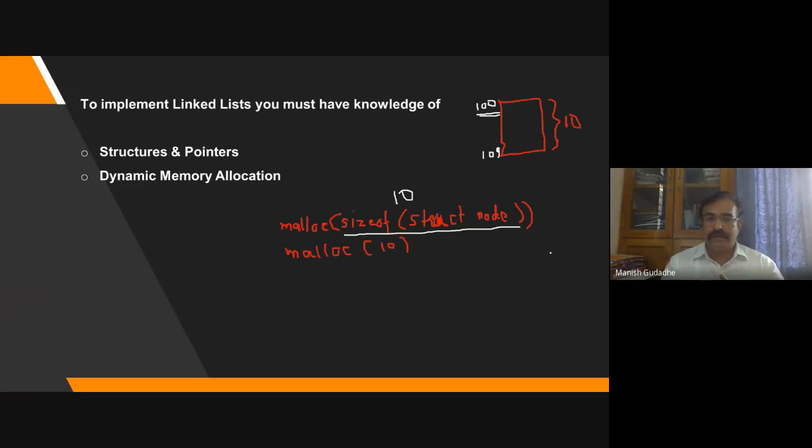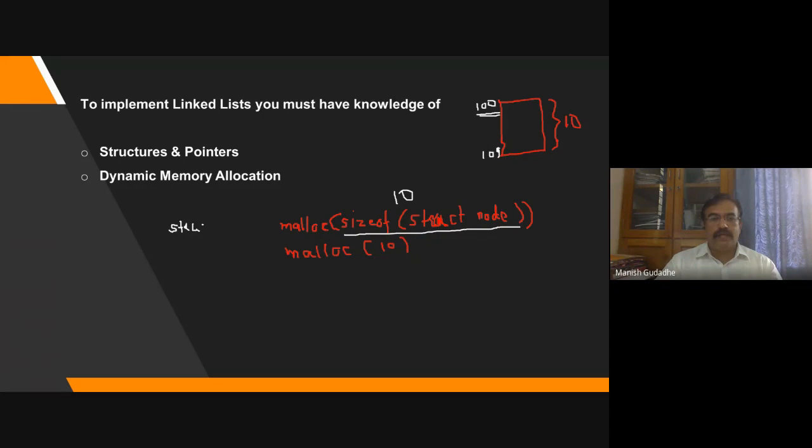So 100 will be returned. 100 is a pointer, the address of a memory location, the base address of the block which is reserved. It is a void pointer. I need to typecast it. So I can write here how I can typecast it.